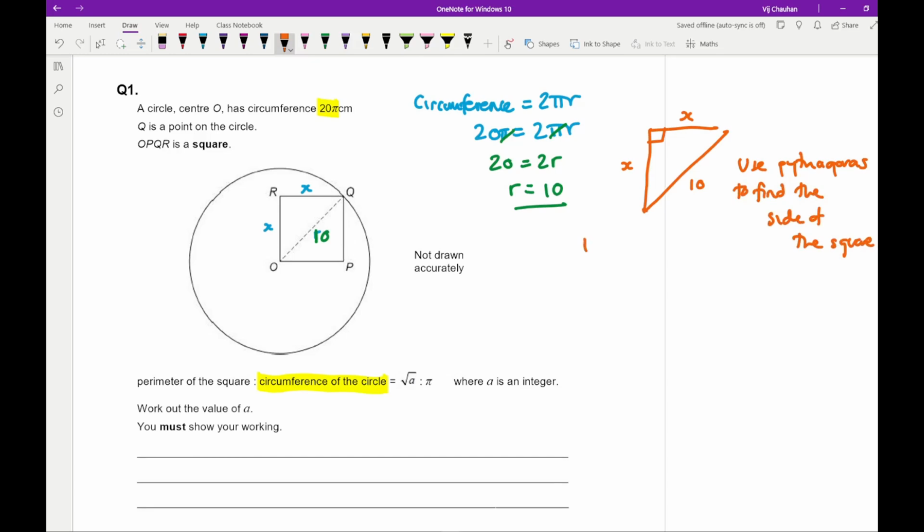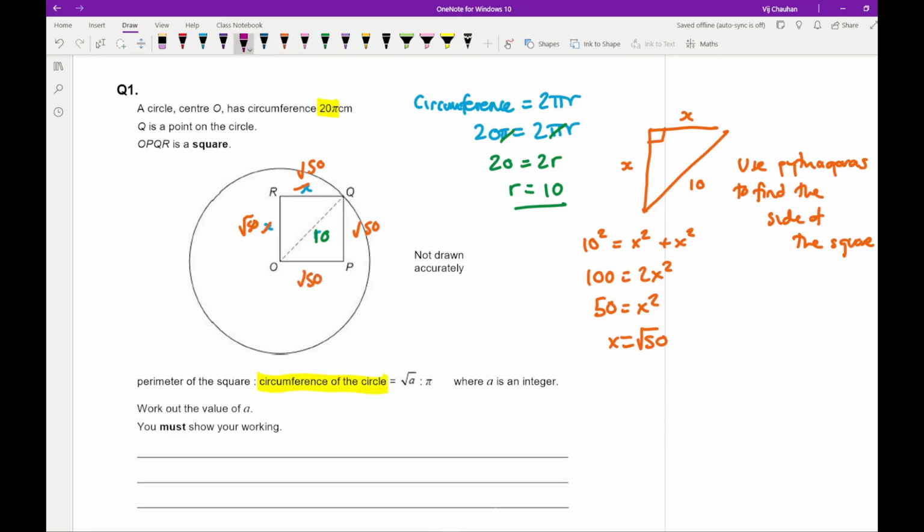So from this we know that 10 squared equals x squared plus x squared, so that's 100 equals 2x squared, so that means that 50 is going to equal x squared, so x is going to equal root 50. So this side here is root 50, this side here is root 50, this side here is root 50, and this side here is root 50.